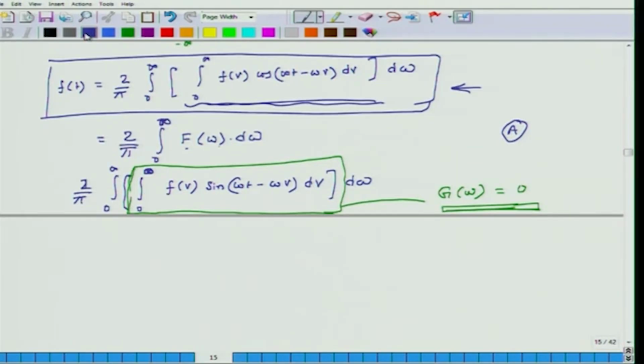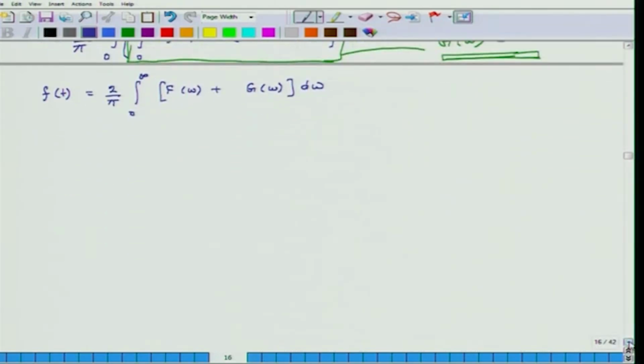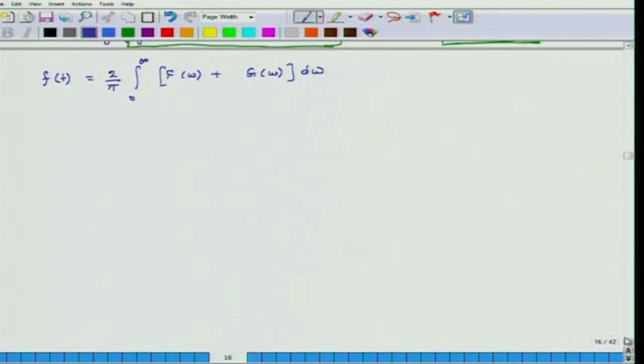So my expression for f of t equals 2 over pi, integral 0 to infinity, of f of omega plus g of omega, and I am going to integrate it with respect to, actually not w, I will call it omega, because a lot of times we use this for angular frequency.